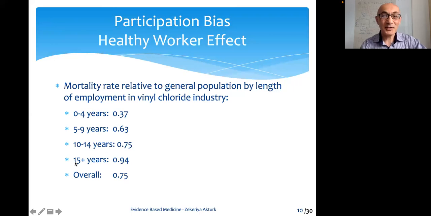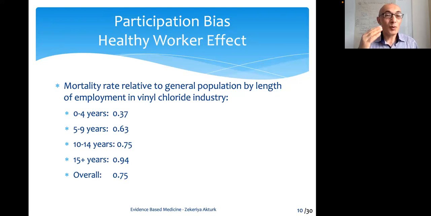So what would be the reason? First, of course, you will say there is an age difference. Probably those who have worked for 15 years are older, but there might be some other factor, because the company most probably has a health examination at the beginning.